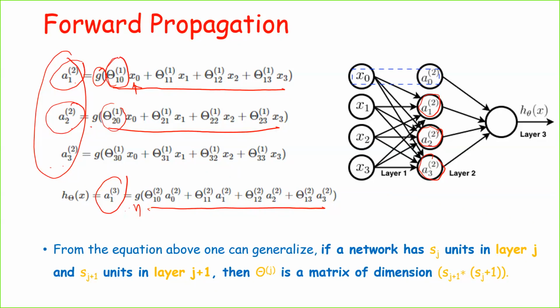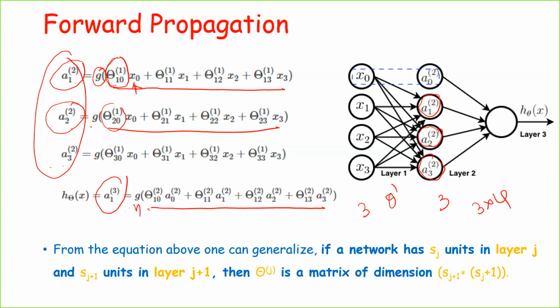Now a question to you. Suppose there are 3 units at layer 2, 3 units at layer 1, what is the size of theta 1? This is 3 by 4.